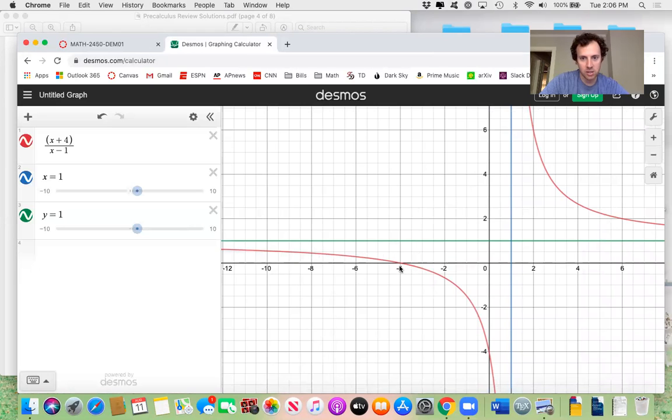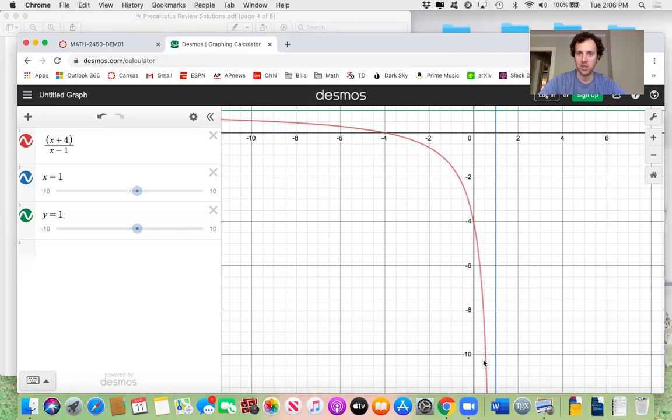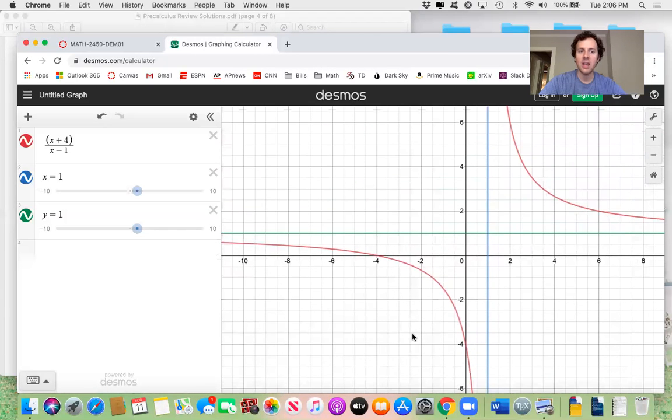Also, here to the left of -4, we're also above the x-axis. But from -4, which is where our function is 0, over to 1, which is where we have this asymptote, the graph is below the x-axis. So looking at this picture, we can see we're negative in this middle part, going from -4 up to 1, and we're positive to the left of -4 and to the right of 1.